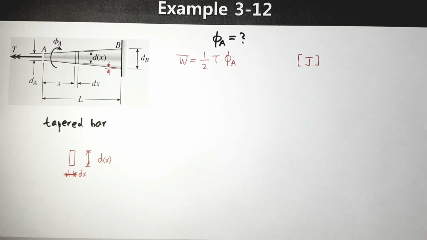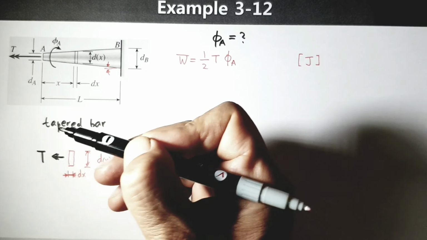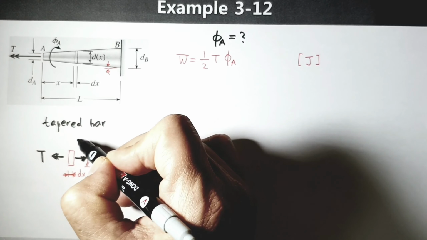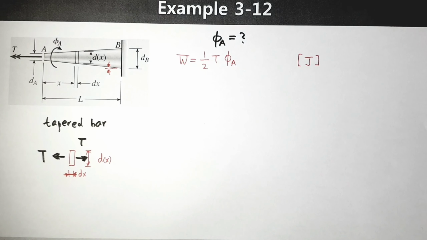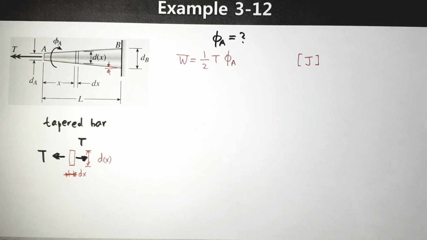Here externally torque T is acting like this, and if it is in the state of equilibrium, T is also acting on the other side like this. Then we can calculate the stored strain energy for these cases.